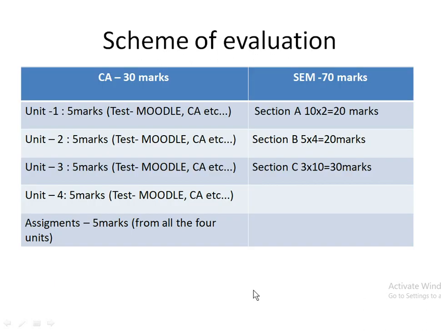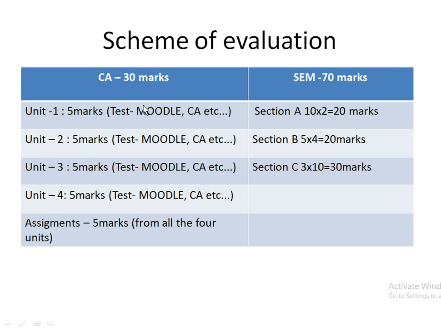These are the references. And what is the scheme of evaluation for this course? We have 30 marks for CA and 70 marks for the semester. In the internal, unit 1 will get 5 marks for whatever test, whether a class test or a Moodle test, whatever is possible.